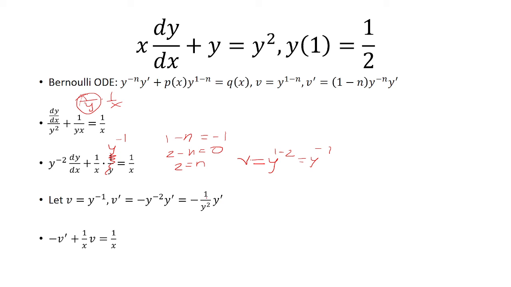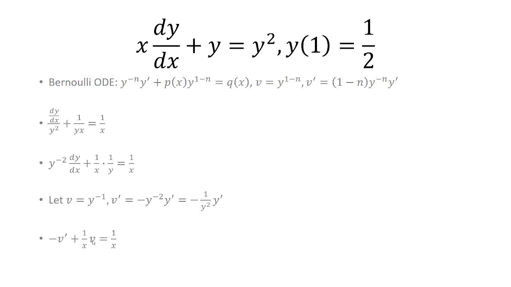So here we have v prime equals negative 1 over y squared times y prime, which is the same thing as this, except we have a positive here, so you have to multiply both sides by a negative to get 1 over y squared times y prime. So that's what we have.